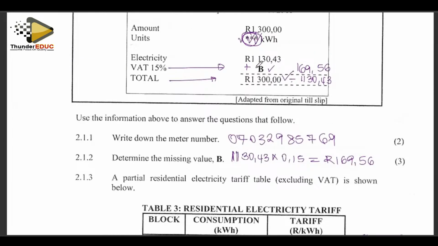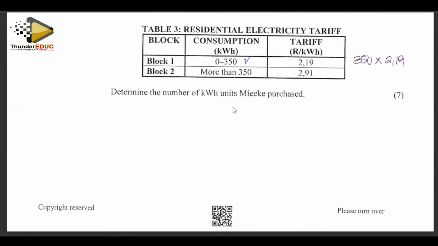Remember, the person paid 1,130 before VAT, so we are looking for 1,130. This is before VAT, because the costs here are excluding VAT.